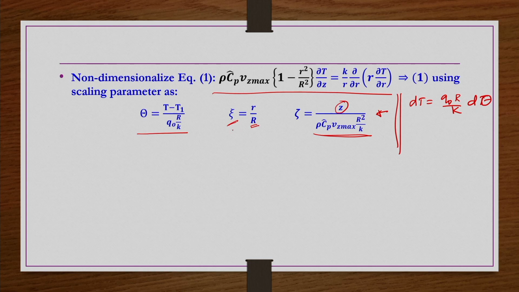From this xi definition, dr is nothing but capital R d xi, and from this zeta definition, dz is nothing but rho Cp Vz max R square by k d zeta.